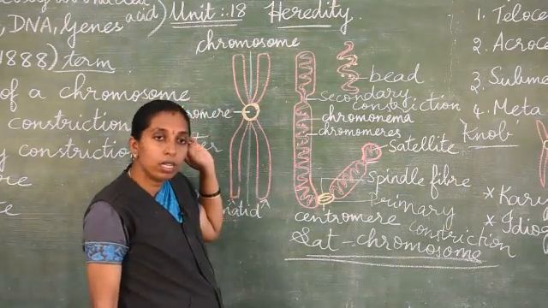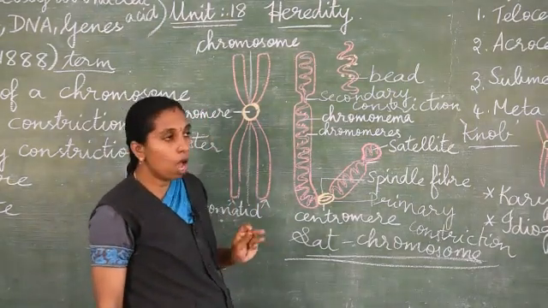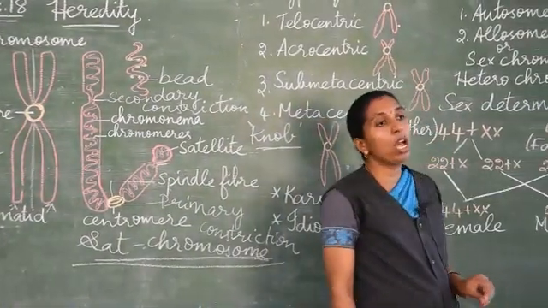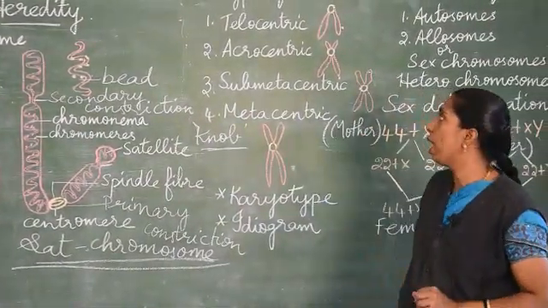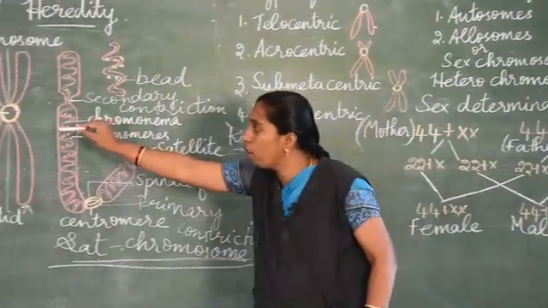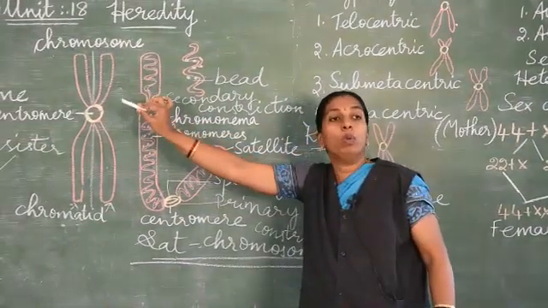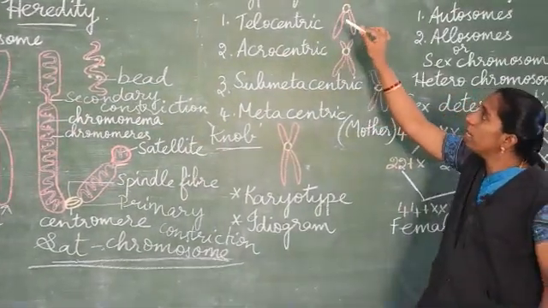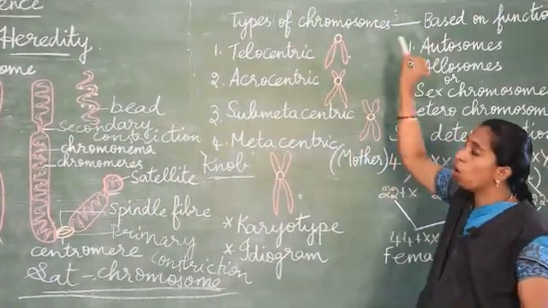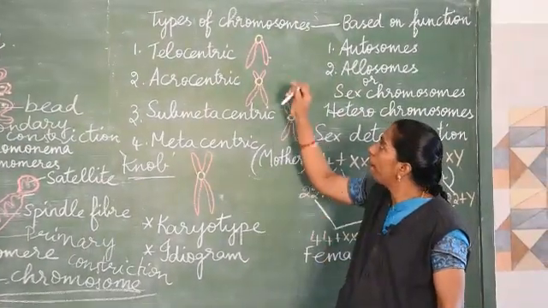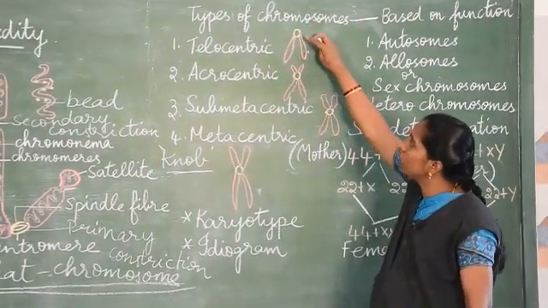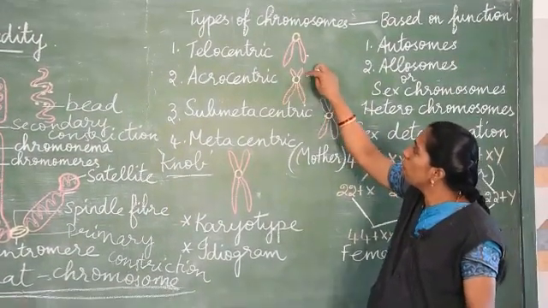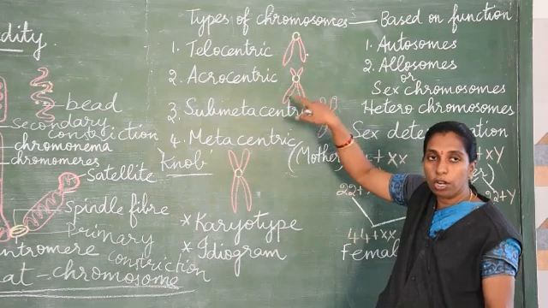So now we have learned the structure of a chromosome. Now we shall learn the different types of chromosomes based on the position of the centromere. I told you, here I have drawn the centromere, which helps during cell division. I have drawn the centromere in yellow color and the chromosome in pink color in order to differentiate.